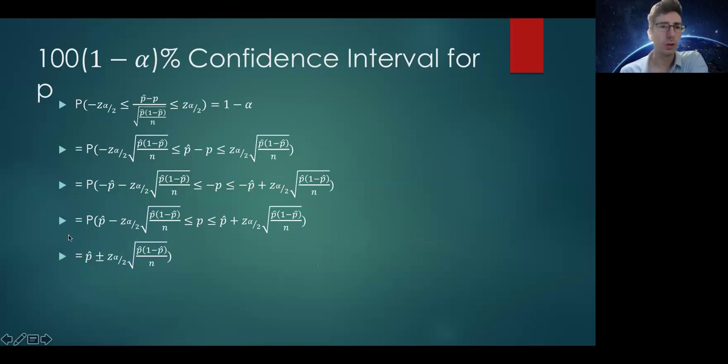So we call it a 100 minus alpha percent confidence interval for our population proportion, and it can be written in this way.